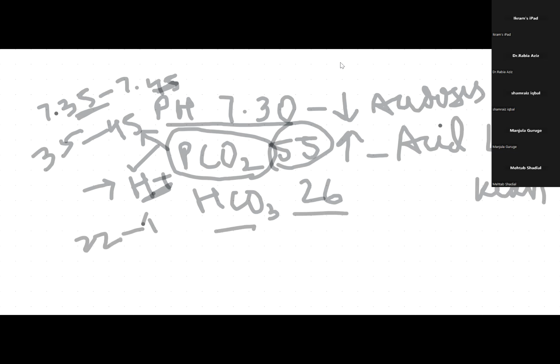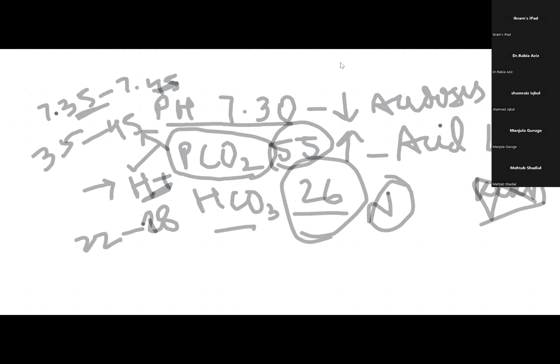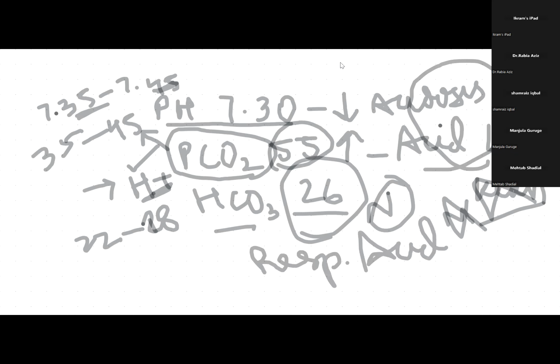So this is normal. So kidney has no role, means it's not metabolic. It's because of the lung. So it's respiratory and it's acidosis. So this scenario is respiratory acidosis. Understood?